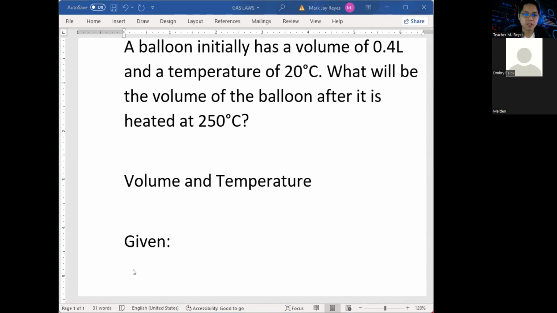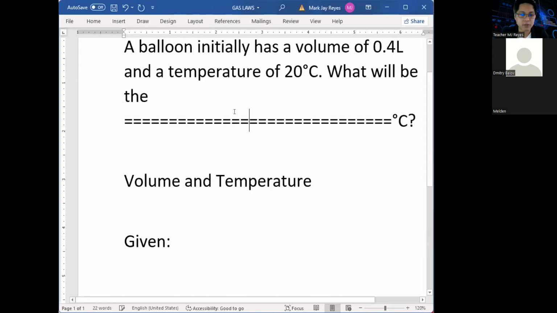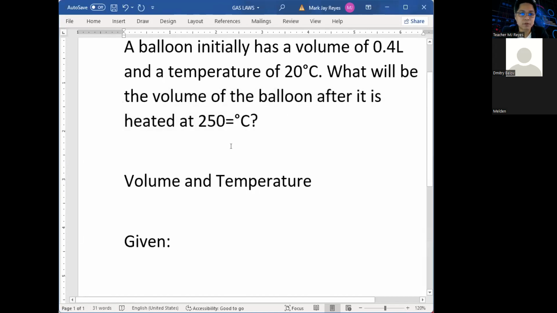Okay, 0.4 liters. What does this belong to? The question is, what will be the volume of the balloon after it is heated to 250 degrees centigrade. So this is volume 1, this is volume 2. The question there is volume 2, correct?